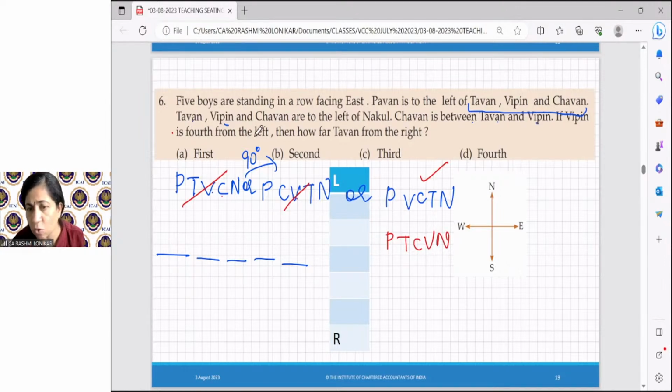Vipin is fourth from the left. Here, what is happening? 1, 2. Vipin is second from the left. This is not the case, so this goes away. Vipin is fourth from the left: 1, 2, 3, 4. So this must be the correct answer. If this is the correct answer, how far is Tavan from the right?